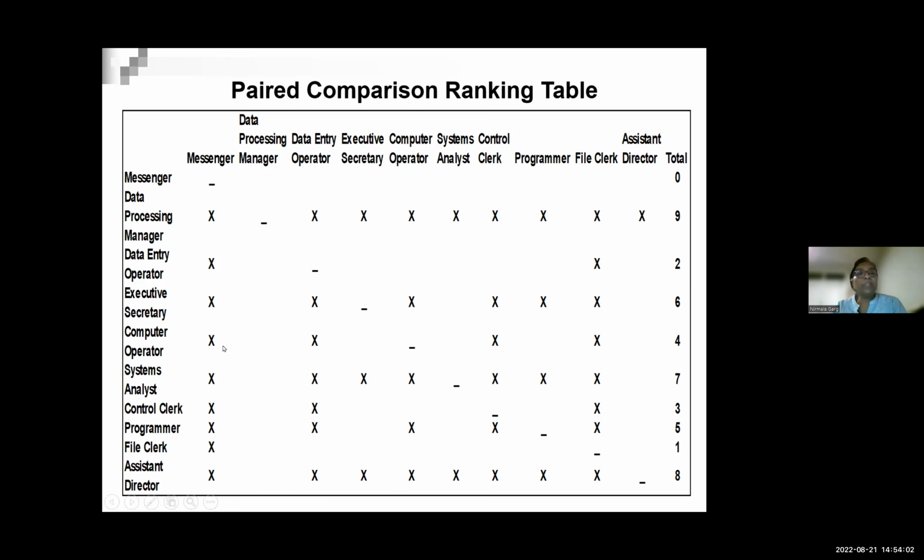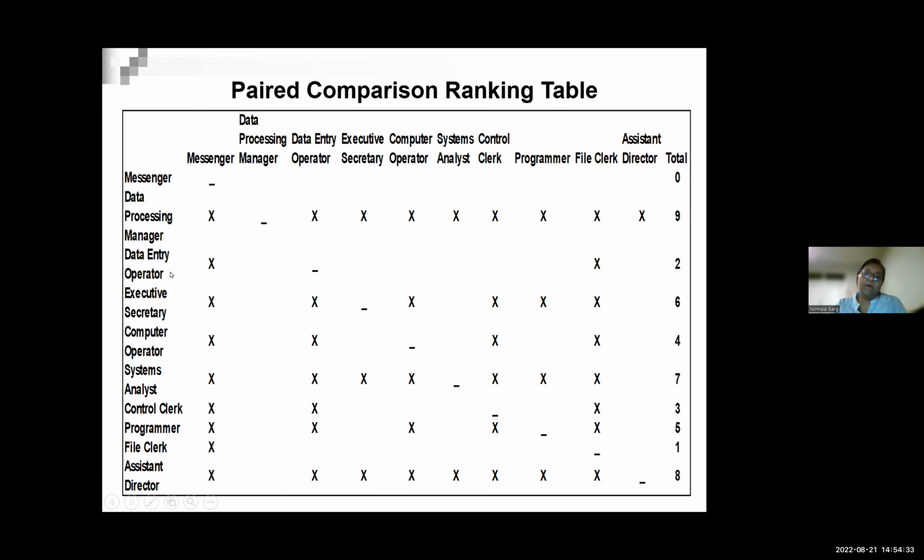Now, what you do in this method is you list down all the positions, both vertically and horizontally. And you are pairing them in the sense that you are evaluating each and every job with the rest of the jobs in the organization. Like, for example, we'll take a job like a data entry operator.